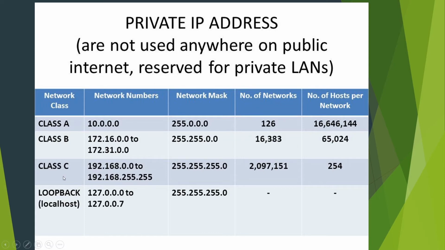That's why class C is built into the router. The router's default DHCP service settings start from 192.168.0.2. You can change this if you are using a very large business organization, which would be class A. That's why the router's default DHCP service is set to this class C private IP address range.